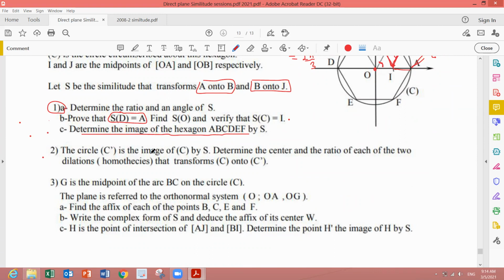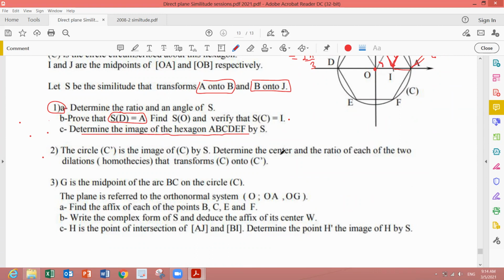The circle C prime is the image of C by S. Determine the center and the ratio of each of the two dilations that transform C onto C prime.